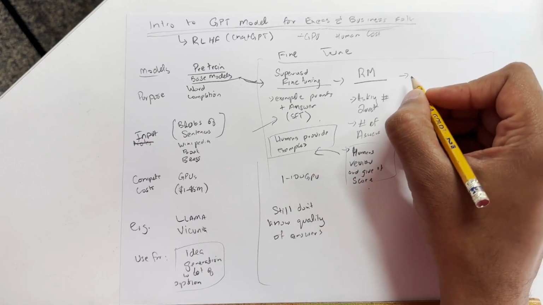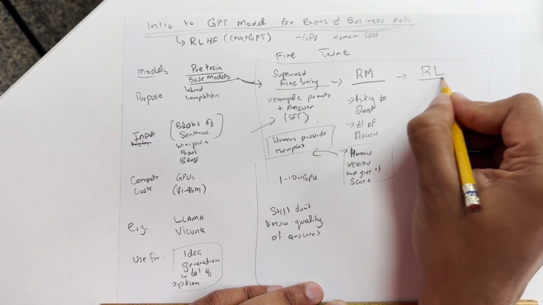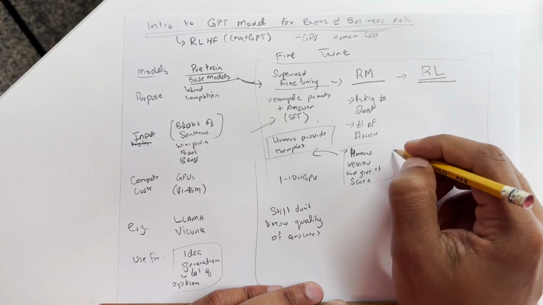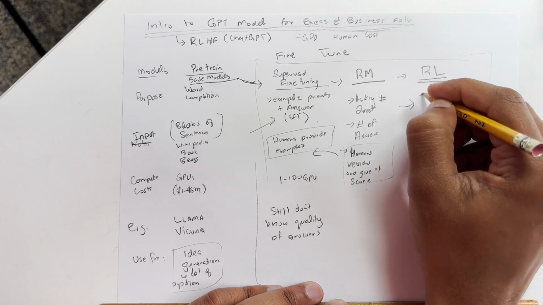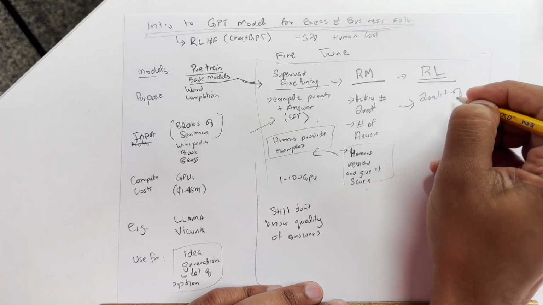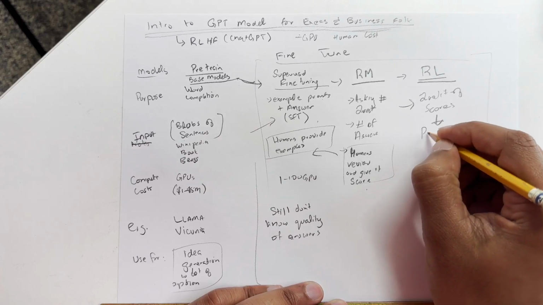And then you can go one step further and turn it into a reinforcement learning algorithm, where it takes these quality scores and comes up with a policy that generates the best answers.